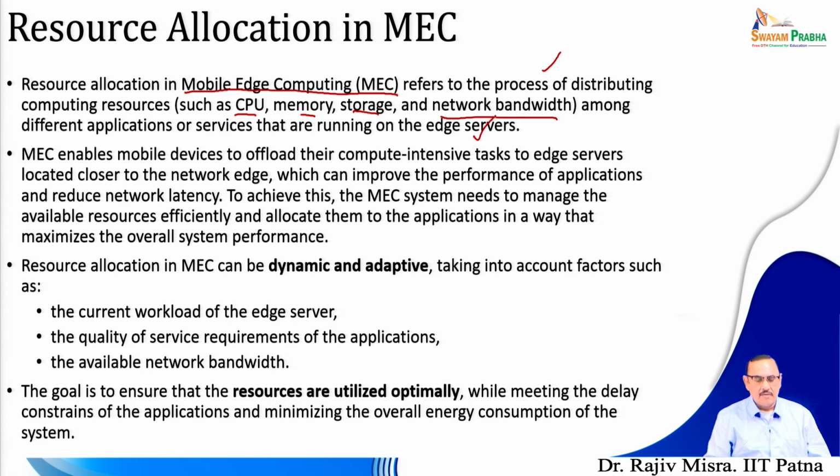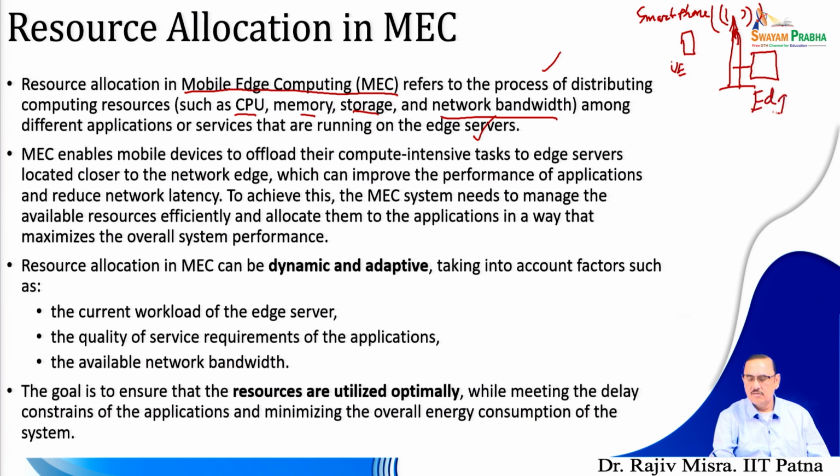Now, we have to understand that the concept goes like this. This is the user equipment, this may be a smartphone, which is a mobile device, and then you have the cellular base stations, and these cellular base stations are now having the connectivity of edge data centers, or you also say that it is an edge cloud.